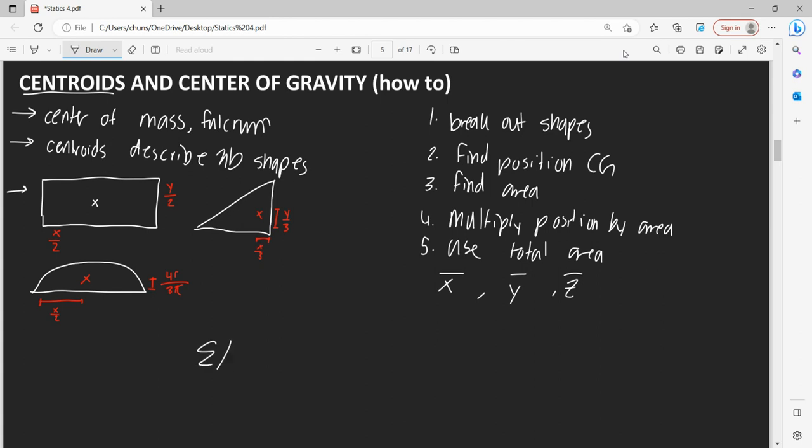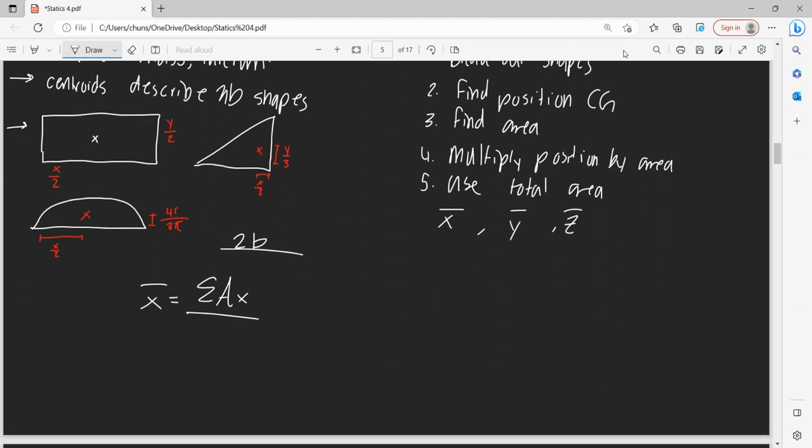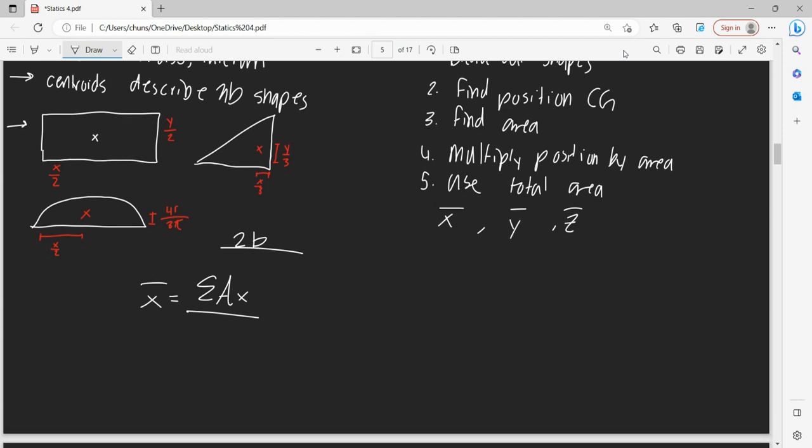in this manner. So if we have a 2D system, find our center of x equal to the sum of our areas of x over our total area. To find y, this is our area of y over our total area.